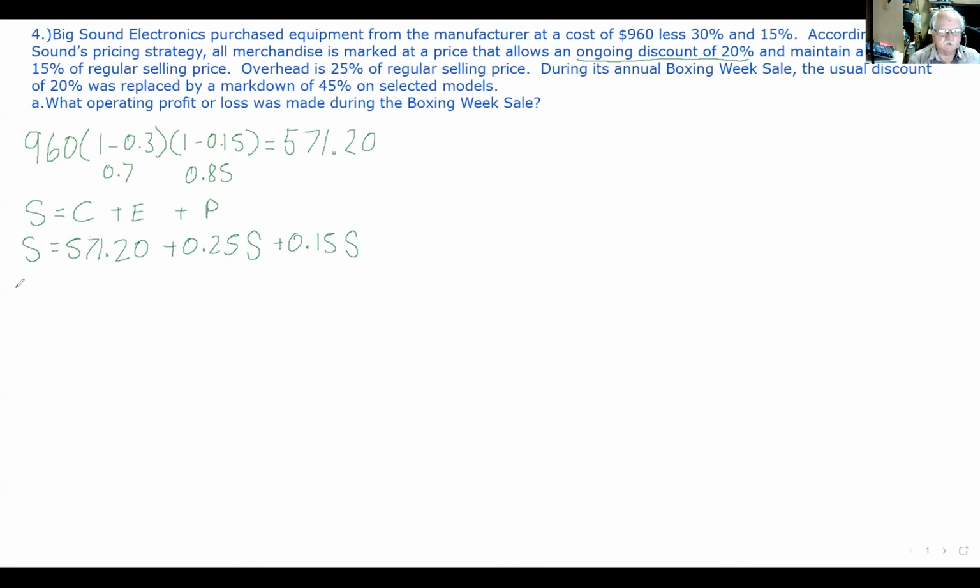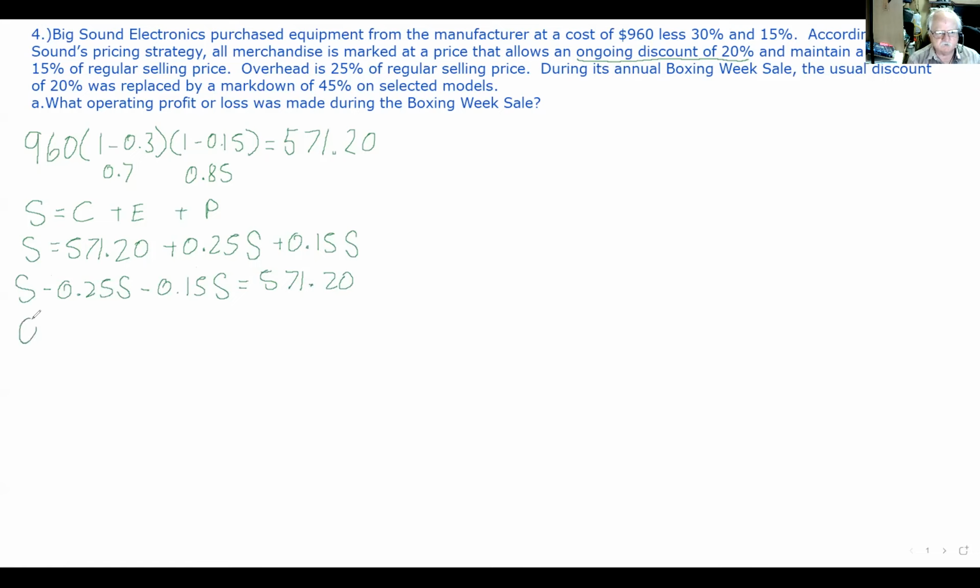So these things all need to leap over. S minus 0.25 S minus 0.15 S still equals 571.20. How much of S do we have left over here? 1 minus 0.25 minus 0.15.